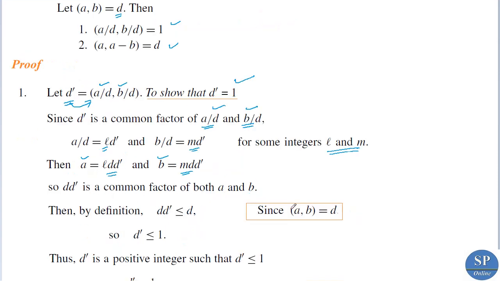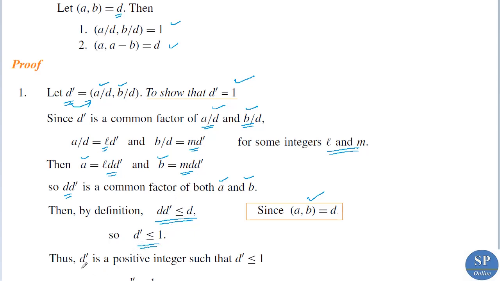Since the GCD of A comma B is equal to D, by the definition of GCD, D dash being a common factor of A and B, we have D dash is less than or equal to D. That means D dash is less than or equal to 1.